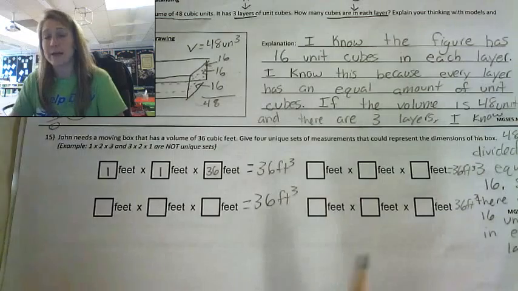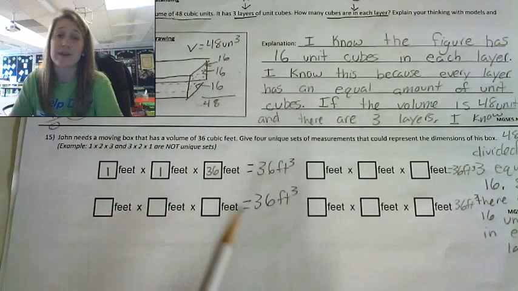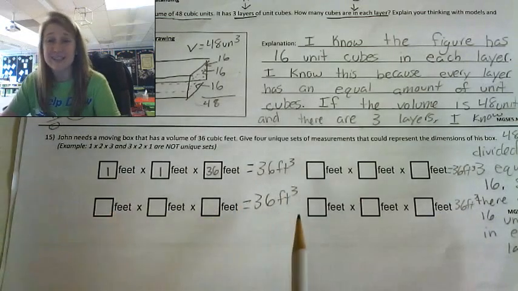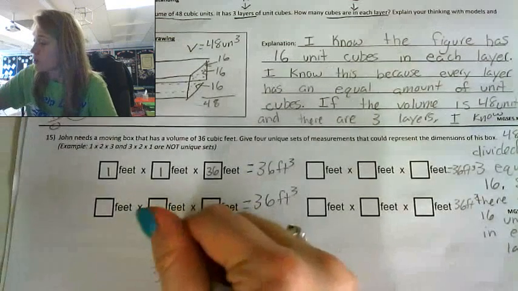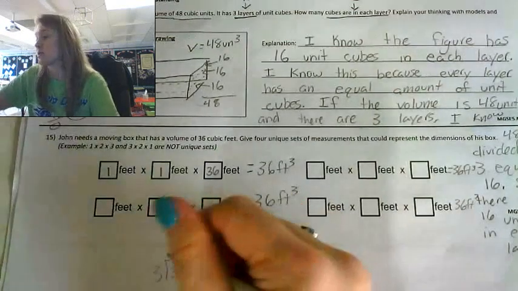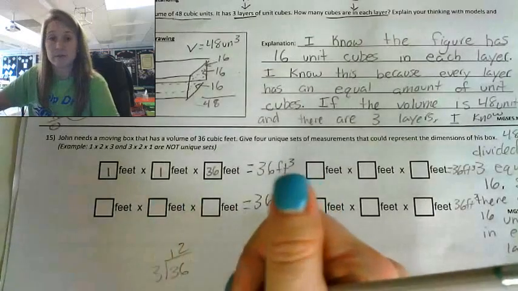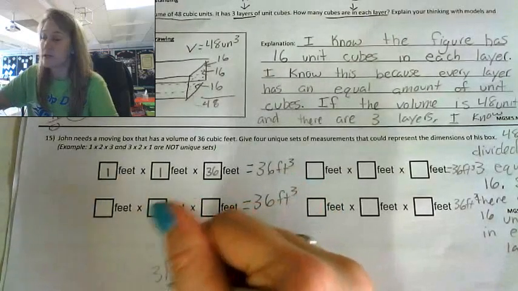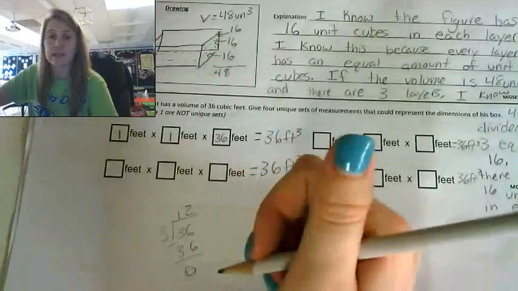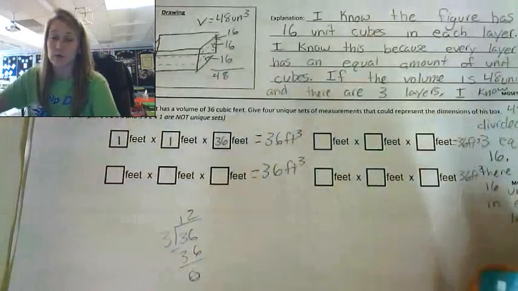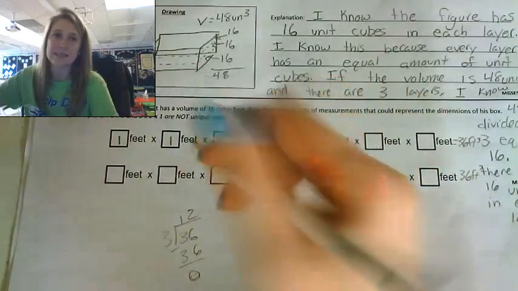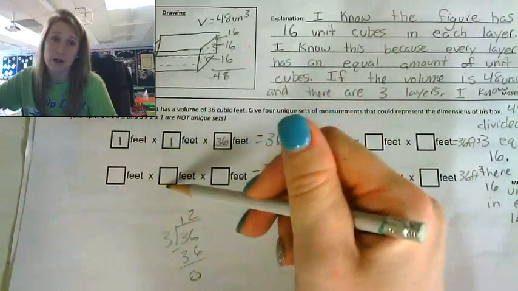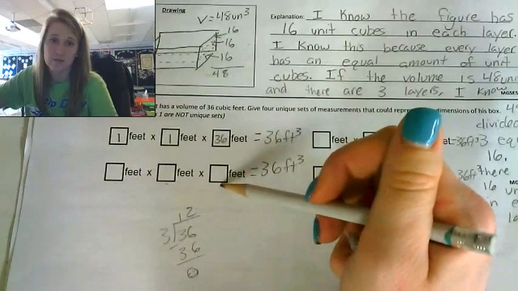Okay, well, length, width, and height, that's 3. I can divide 36 by 3, right? 3 can go into 36 12 times. 12 times 3 is 36. So what if I did, oh, that's not going to work, because that would be 12 plus 12 plus 12.